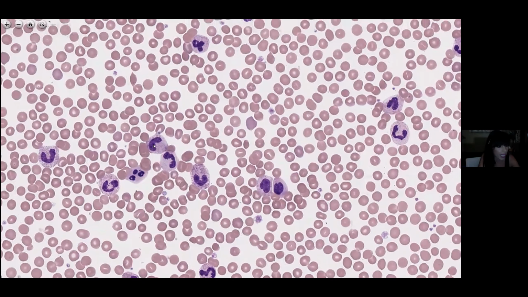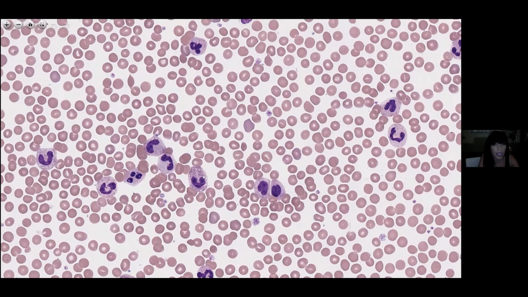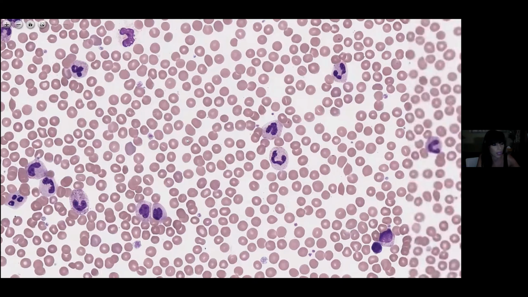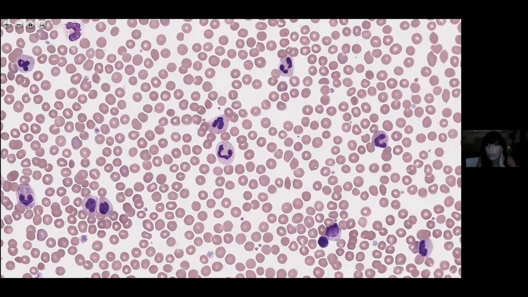Here's another band here. It goes in more than half the distance of the nucleus. And another lymph here.